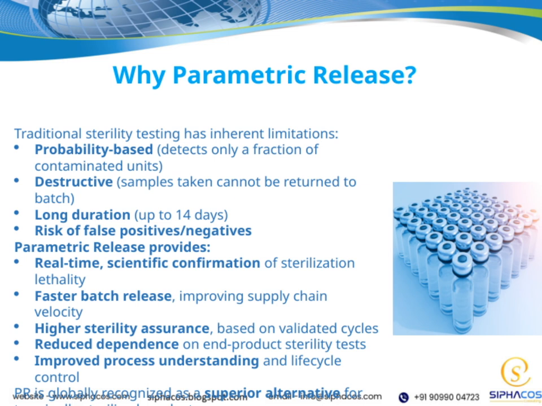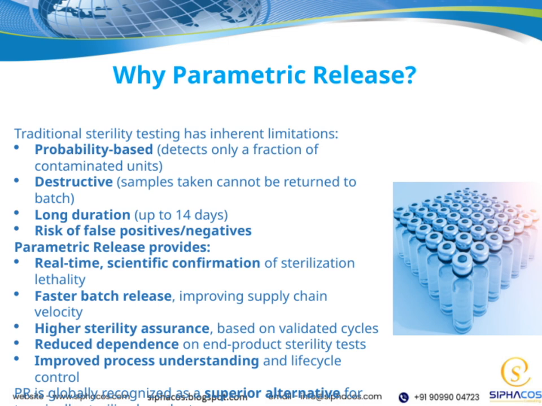Plus, it takes a long time, up to 14 days, to get results, which can delay product release and impact supply chain efficiency. Another challenge is the risk of false positives or negatives, which can lead to unnecessary batch rejection or, worse, releasing a contaminated product. That's where parametric release comes in as a game changer.